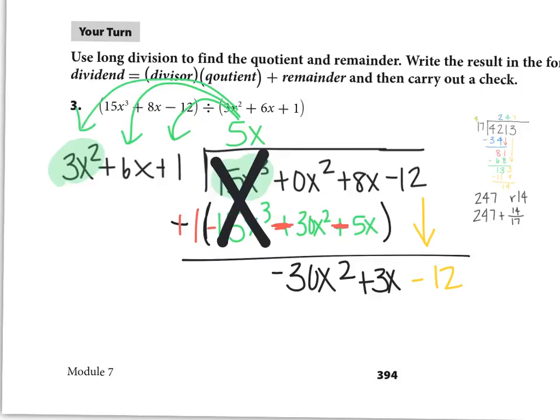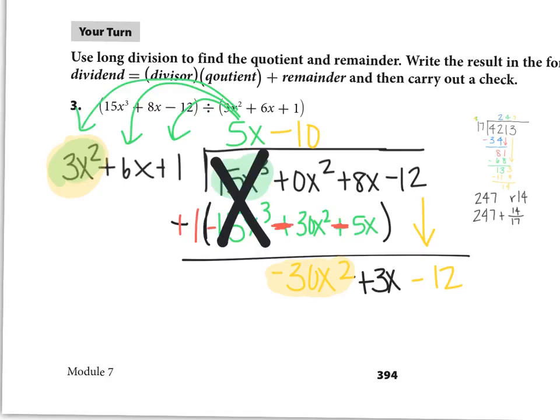And then I start the process all over. And now I have to figure out how many times 3x squared goes into negative 30x squared. Or, what is negative 30x squared divided by 3x squared? Negative 10. Just negative 10, not negative 10x, just negative 10.